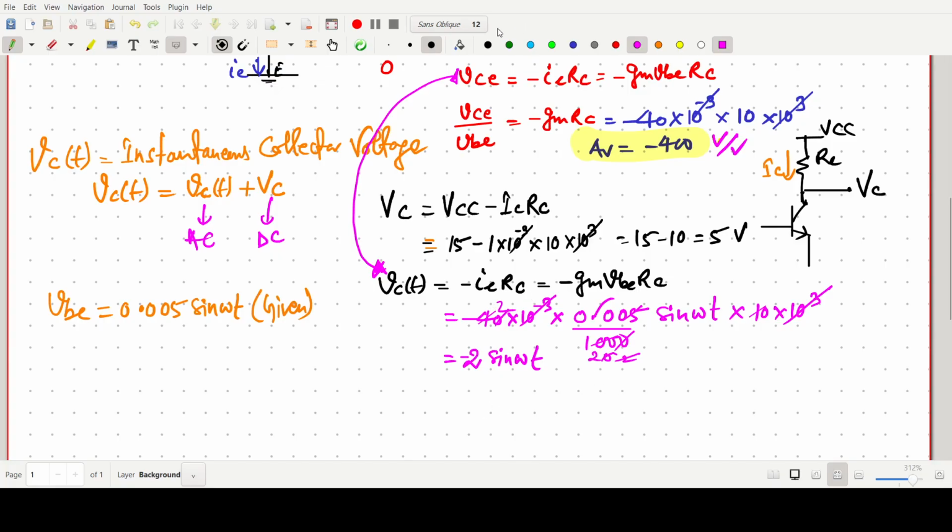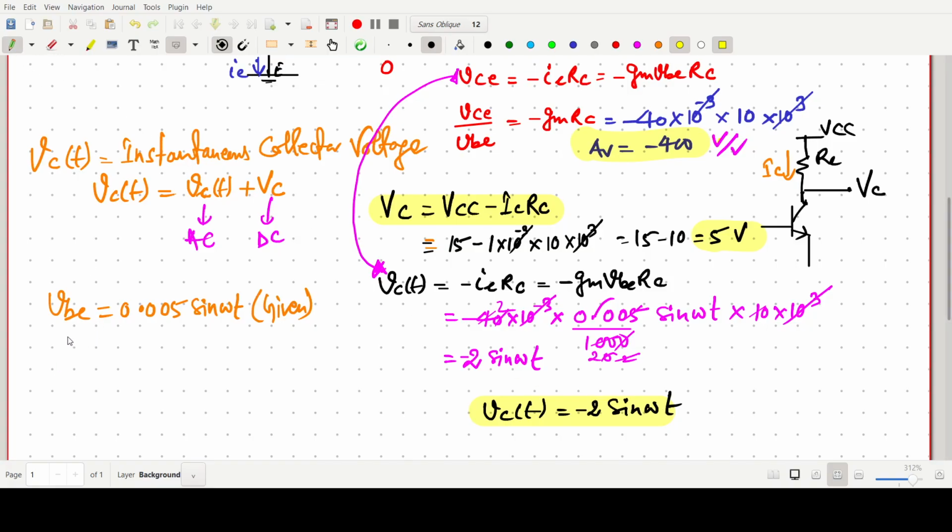So VCT equals minus 2 sine omega t. The DC component we have found, the value of DC component VC is 5 volt, and the AC component VCT is minus 2 sine omega t.